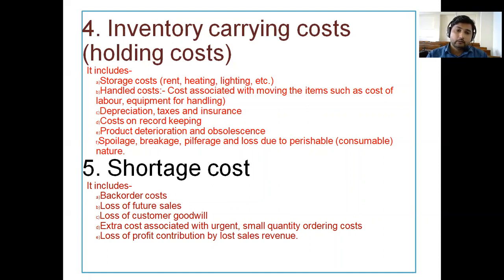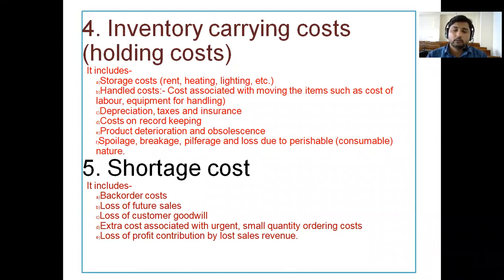Sometimes pilferage will happen, or we can say thieving activity, chori hona, okay, that will be called pilferage. And perishable goods: food products, fruits, or consumables, different kinds of oils that are stored, those are perishable goods.